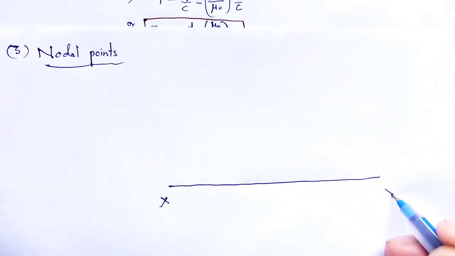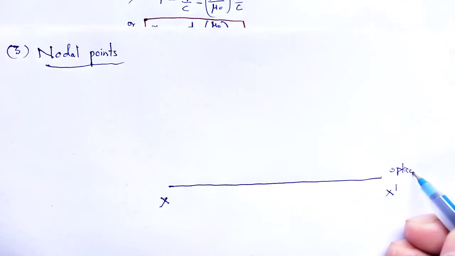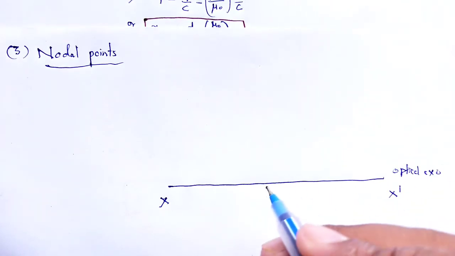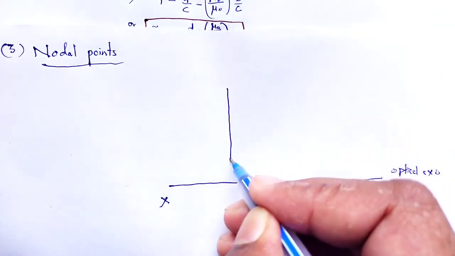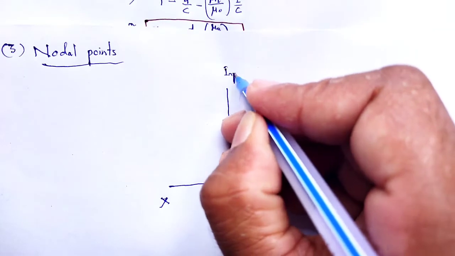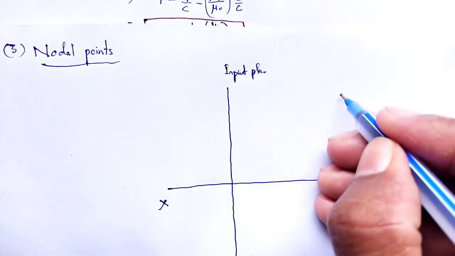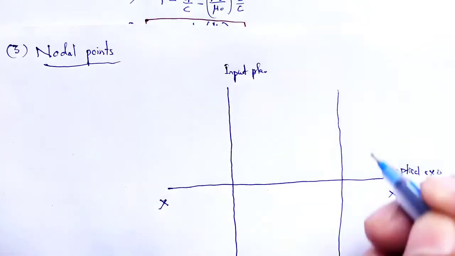That is the optical axis. This is the input plane, and that is the output plane.